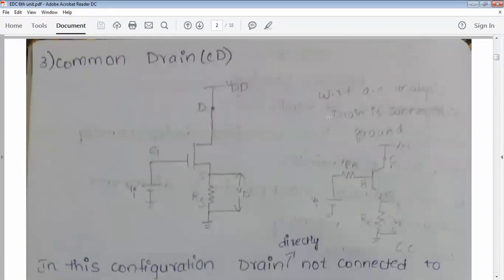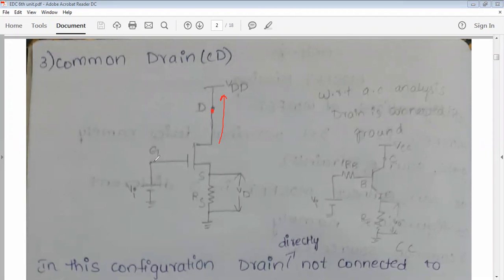The last one is the common drain configuration. Here, the drain terminal is common to input and output. Observe that the drain terminal is directly connected to VDD. The input is applied at the gate terminal and the output is taken at the source terminal, with respect to ground.